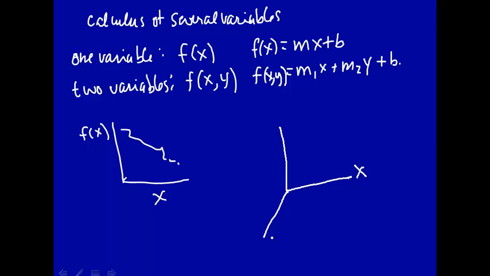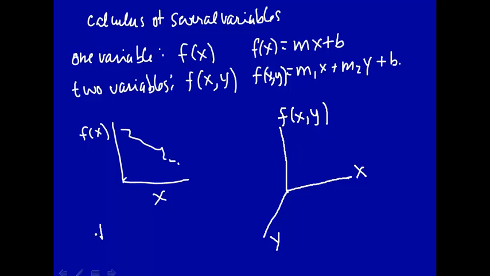We have x and y, those are our two independent variables, and our dependent variable will be the third axis where the function is calculated for some x and y. For three variables you need a four-dimensional graph to show that, and so on. Okay, so we're talking about calculus of several variables.